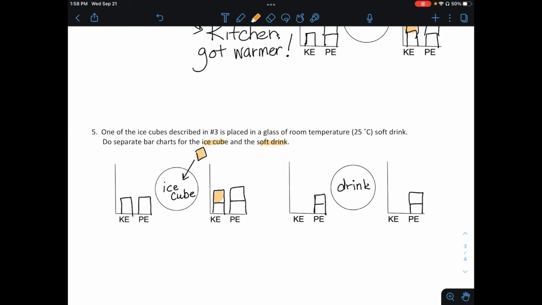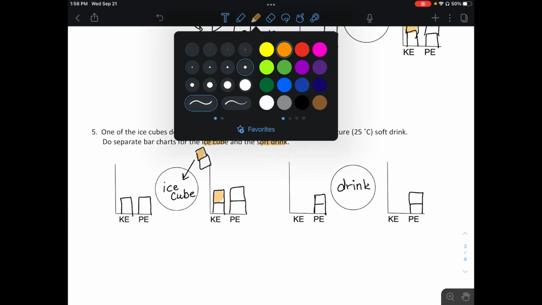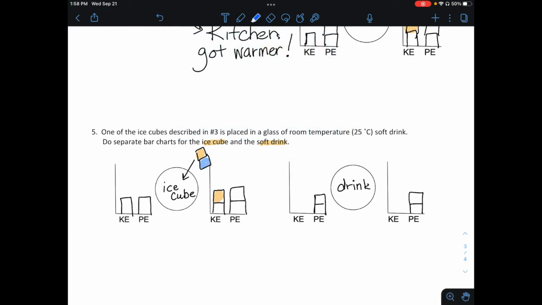So that's showing that it entered as kinetic energy. It warmed up. But I also went out of my way to change it from ice to a liquid. So I actually need to add a second block. And that second block is representing the potential energy. So I'm adding 2 blocks of energy.